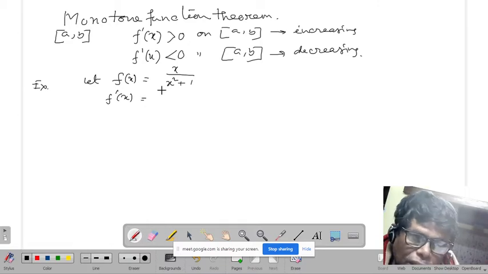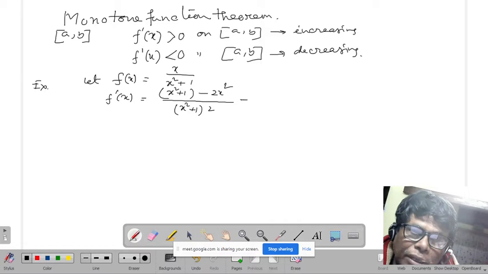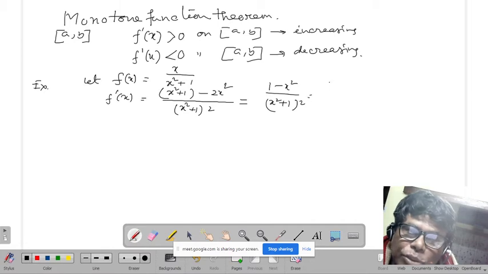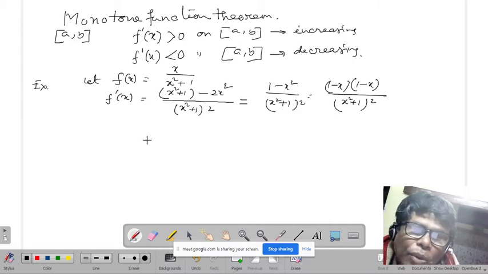It is x square plus 1 minus 2x square divided by x square plus 1 whole square, and if you simplify it, you will get 1 minus x square divided by x square plus 1 whole square, that is equal to 1 minus x into 1 plus x divided by x square plus 1 whole square.